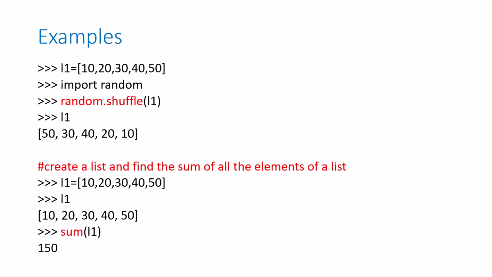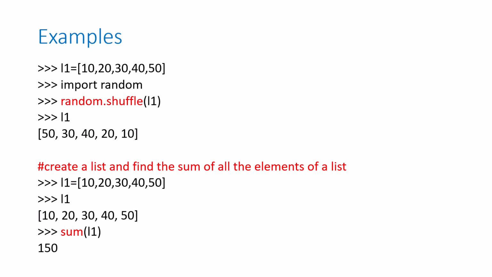Now random.shuffle. We might have created a list. To use random.shuffle, we are supposed to import random. So, import random. Now when we give random.shuffle of L1, that is the name of the list, it randomly shuffles all the data items available in the list L1.